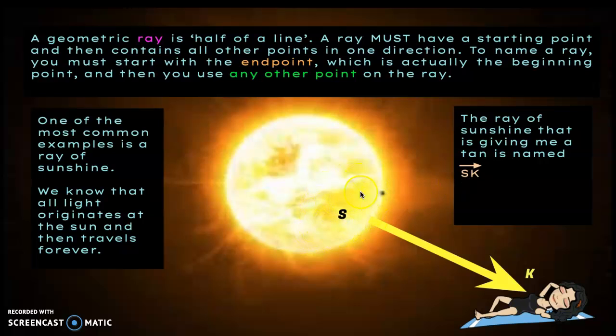So this is kind of like saying, hey, sun, I want you to start a ray of sunshine, and I want it to go all the way to Ms. Kopetsky. Now, if I wanted a ray going a different direction, even if that ray went over here, I would still start it at S, and then I would tell you where it traveled to. When we name a ray, we always put that little bar with just the one direction arrow instead of both directions.